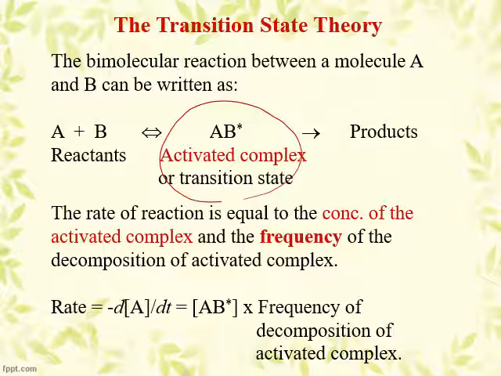So we can write the rate law expression as this: negative d concentration of A over dt is equivalent to [AB‡] multiplied by the frequency of the decomposition of the activated complex. So AB in square brackets here is referring to the activated complex concentration.